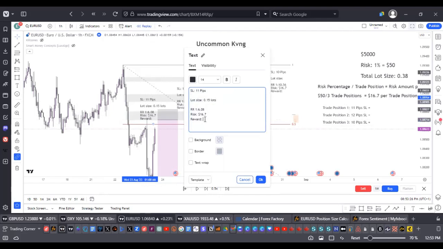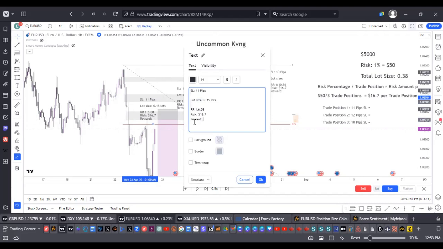Now, what's our reward if this price respects this point of interest and then hits our TP? That will now be 16.7 times 6.08, right?